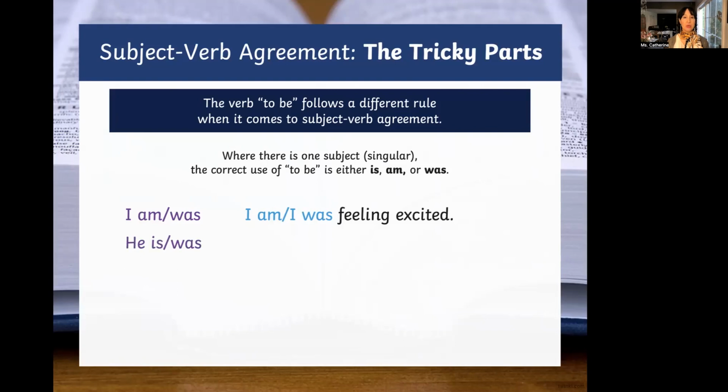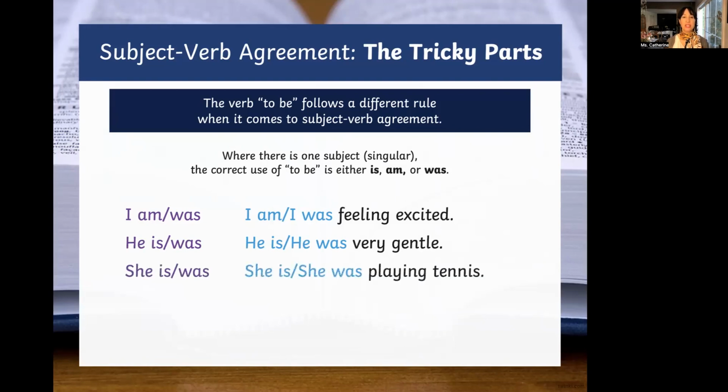He is, he was becomes what? He is, he was very gentle. Are you noticing something here? She is, she was. She is, she was playing tennis. It is, it was.